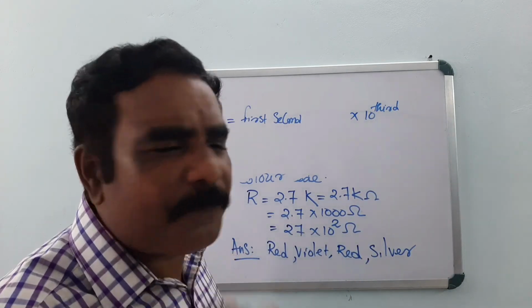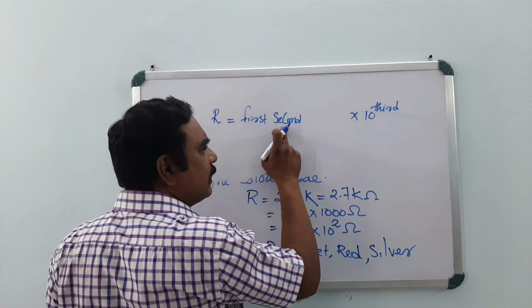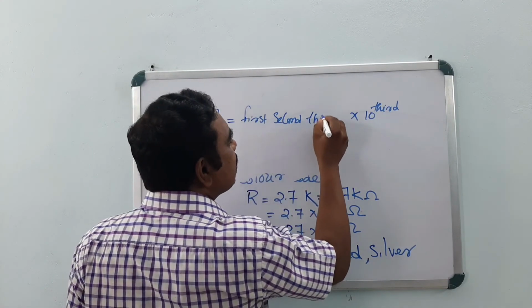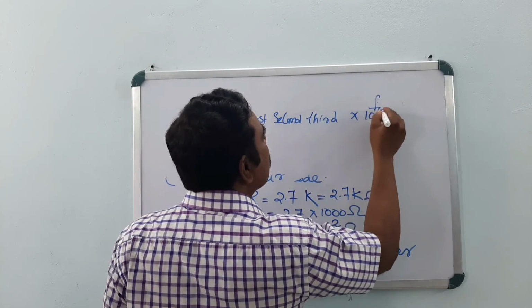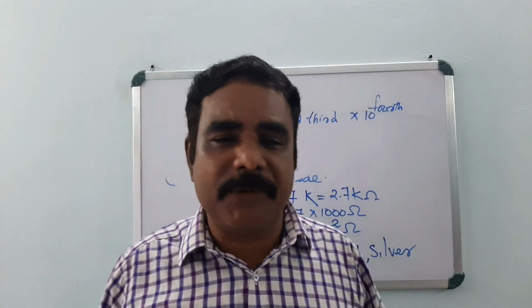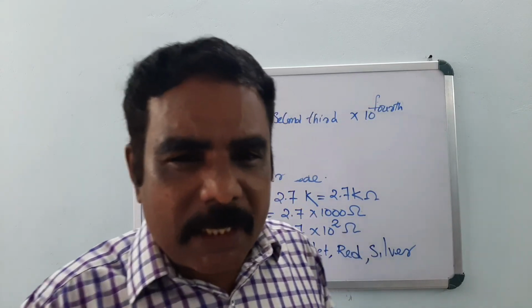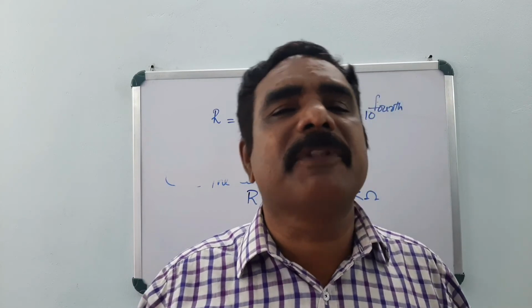Now if there are 5 rings, we will write first digit, second color digit, third color digit, and the multiplier will become that of fourth color. That's only the difference. First color, second color, third color, and the multiplying value will be 10 raised to fourth color. And the fifth color will give you the tolerance.